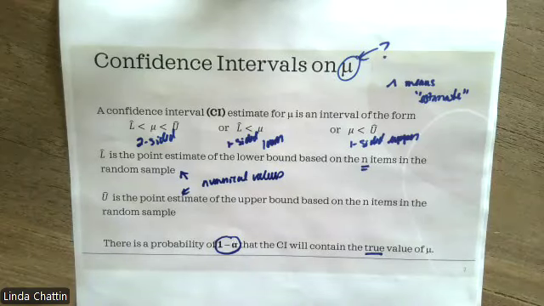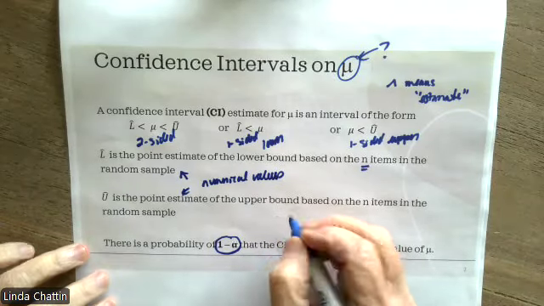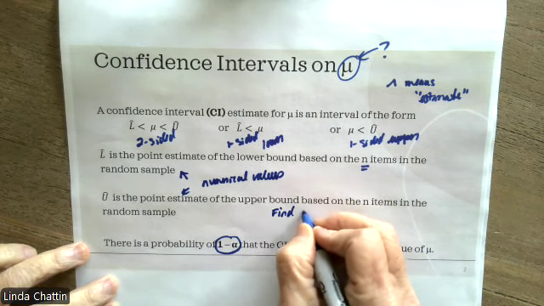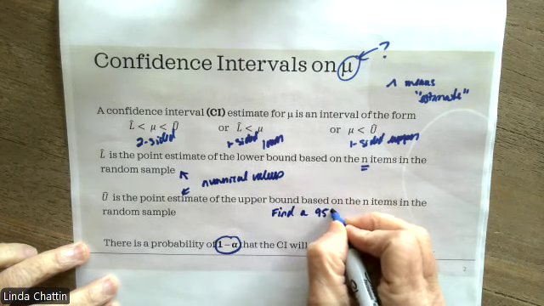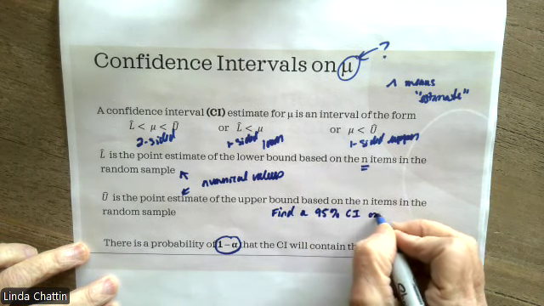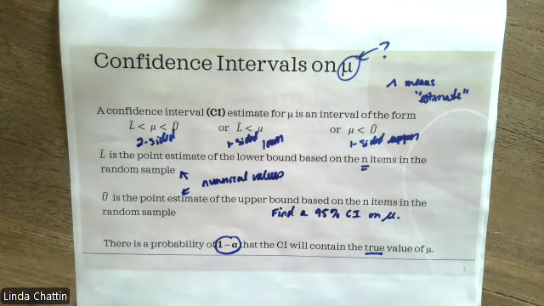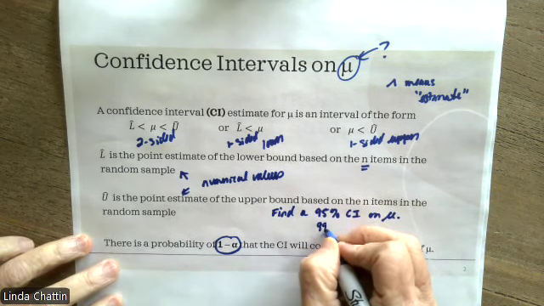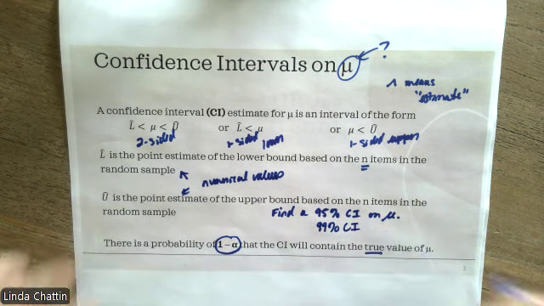Typically what you're going to see is, for example, find a 95% confidence interval on the population mean. That's what you might see in a homework problem. Sometimes you'll also see it as 99%. Those are the most common confidence intervals that we use.